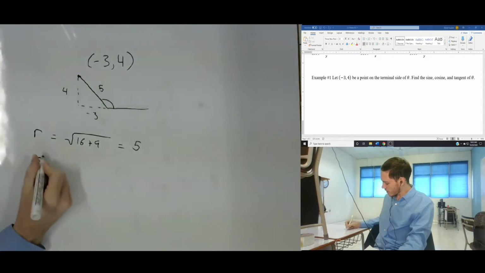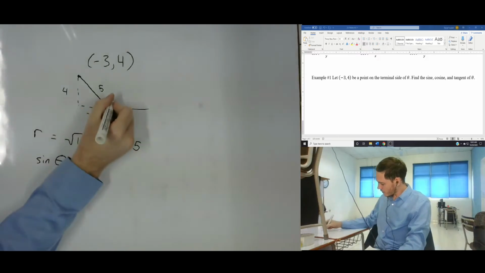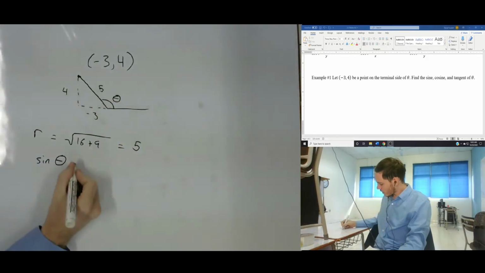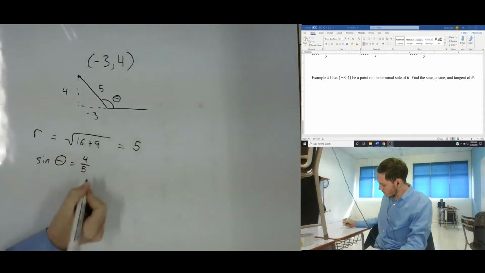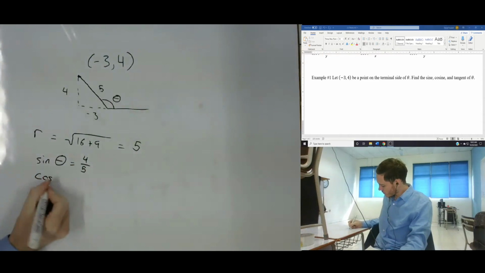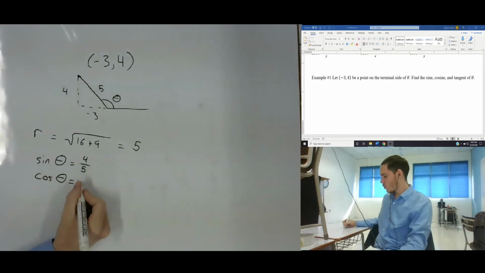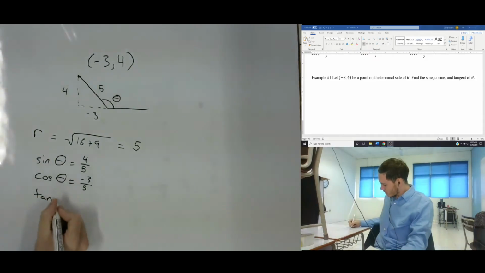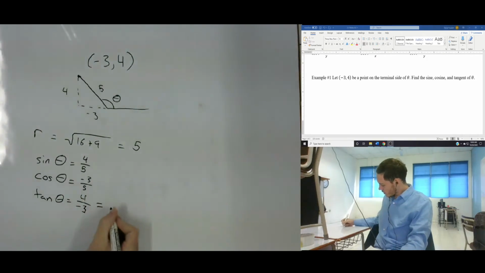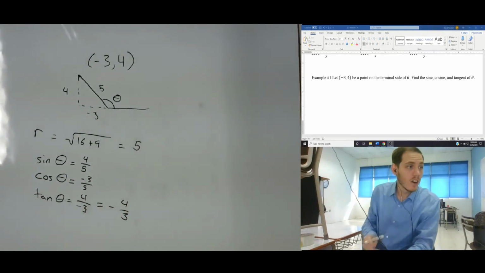Now we find sine of theta, and that equals 4 over 5, because y over r, and cosine of theta equals -3 over 5, and tangent of theta equals 4 over -3, which is -4/3.